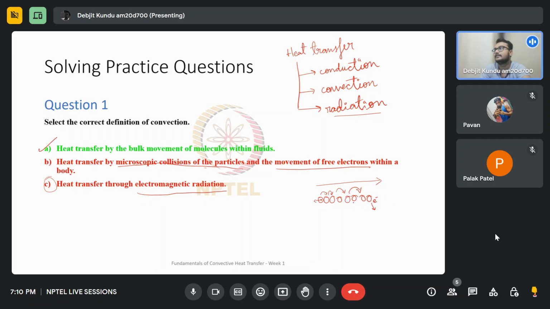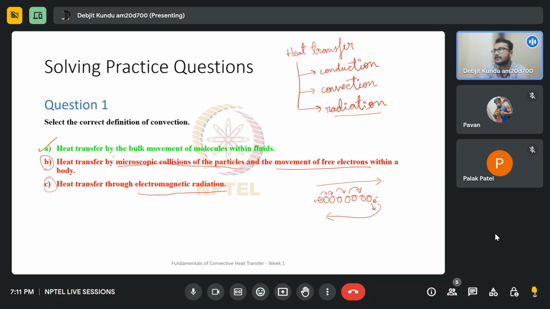If some temperature gradient is set up, then these electrons also move from the direction of higher temperature towards the direction of lower temperature, and they give off that energy and come back. So that's another mode in which conduction takes place. So option B defines conduction.